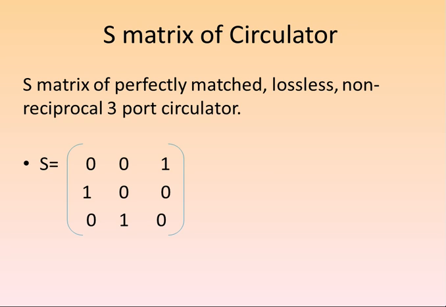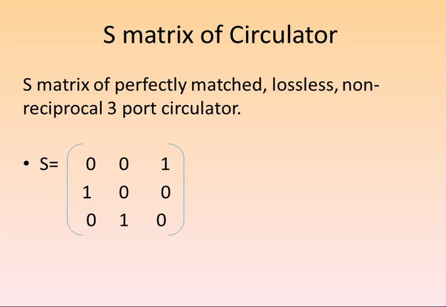S matrix for the 3-port circulator. This is a perfectly matched, lossless, non-reciprocal 3-port circulator. As you can see, S11 and S12 are both 0, as this is an ideal lossless non-reciprocal device.